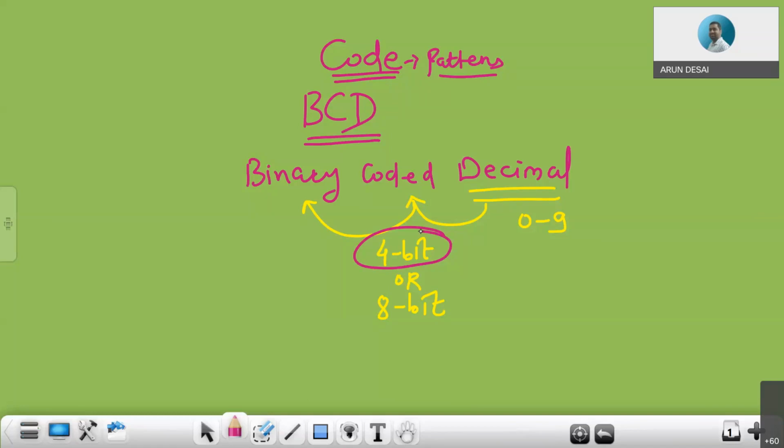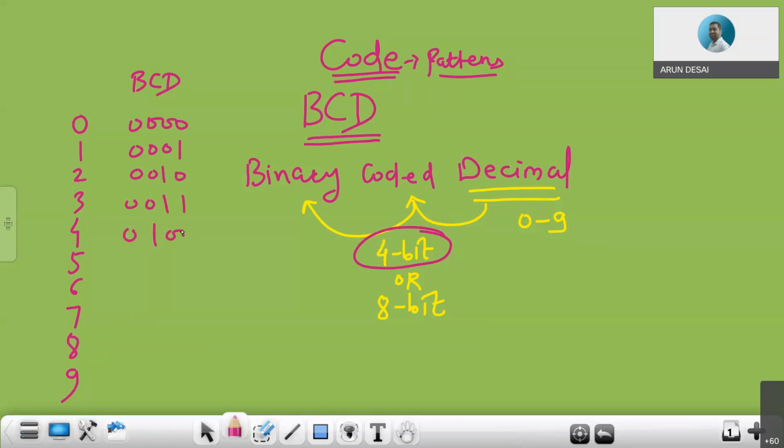Now, how are BCD symbols actually there? Suppose there are the symbols 0, 1, 2, 3, 4, 5, 6, 7, 8, 9. Those are converted into 4-bit binary in BCD. So for 0, it's 0000. For 1, it's 0001, and so on up to 1001 for 9.